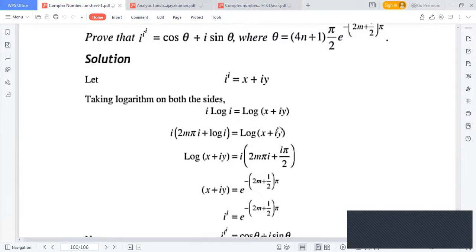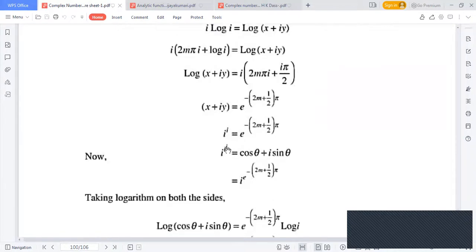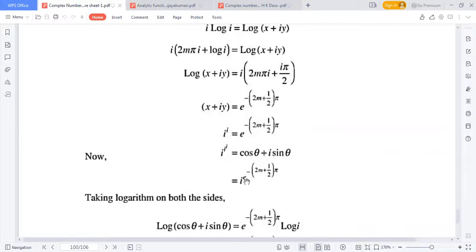So log of x plus iy equals i into just this one. Now taking exponential form on both sides, we get this one. So i to the power i equals this, because I considered it earlier. So i to the power i equals e to the power this one. So i to the power this equals, we are given this one.